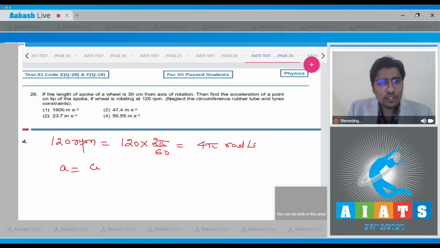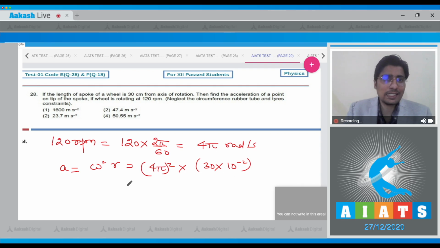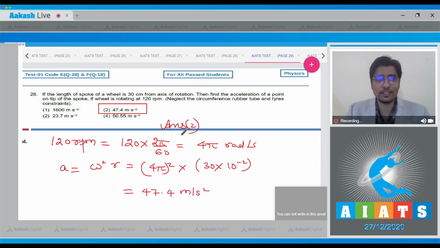The required acceleration will be equal to omega square r, where omega is the angular speed and r is the radius. So this will be 4 pi square into 30 into 10 raised to power minus 2 meters, as the distance is 30 centimeters. This will be equal to approximately 47.4 meter per second square, giving us a value that matches with option number 2, which is our correct answer.